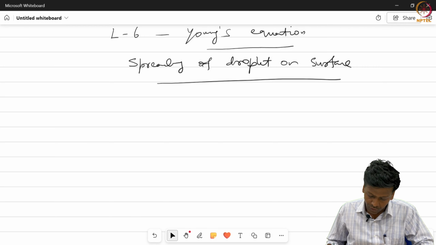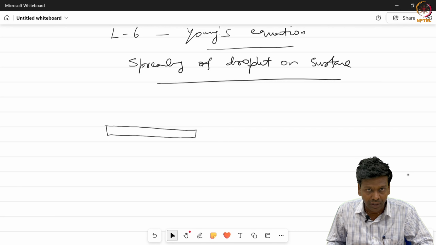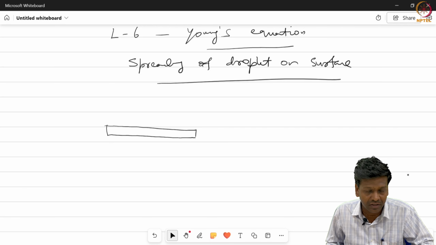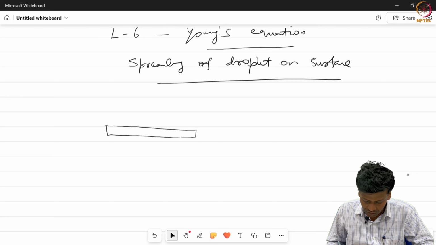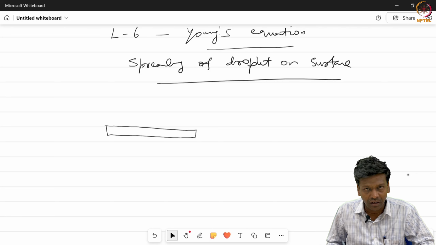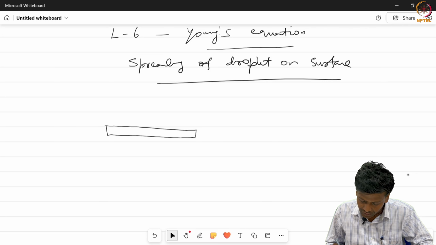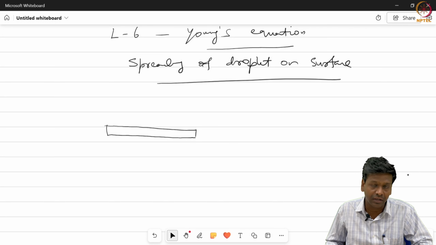Let's say we have a surface and we want to understand whether a liquid droplet, if I place it on the surface, will have a tendency to spread or to retract. The wetting or de-wetting characteristics of a surface can be easily quantified using what is known as Young's equation.